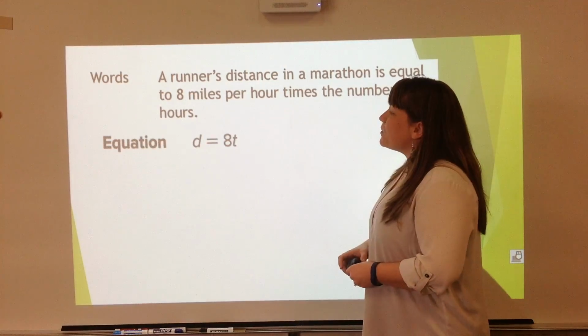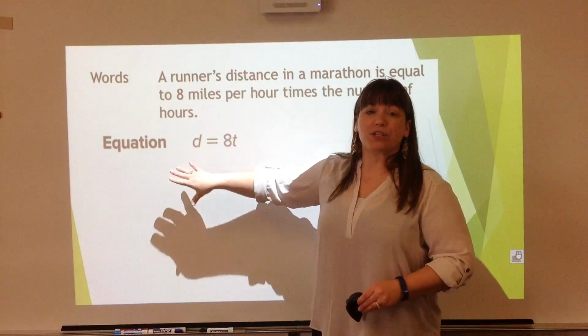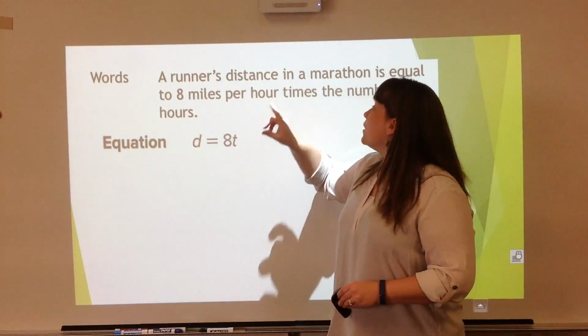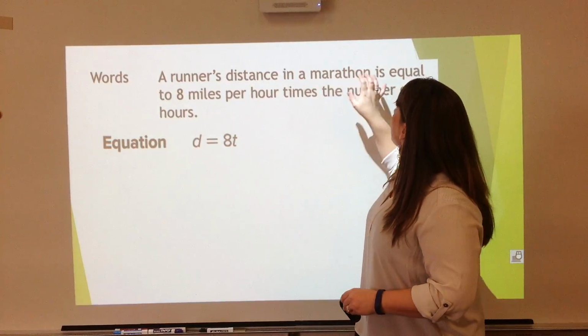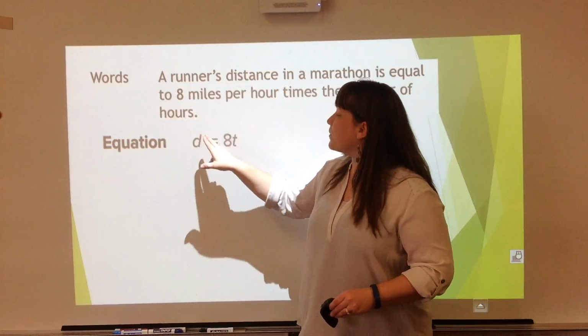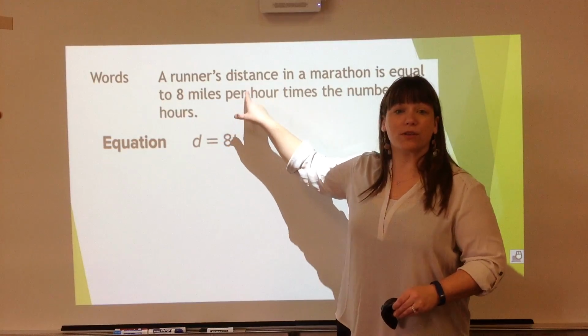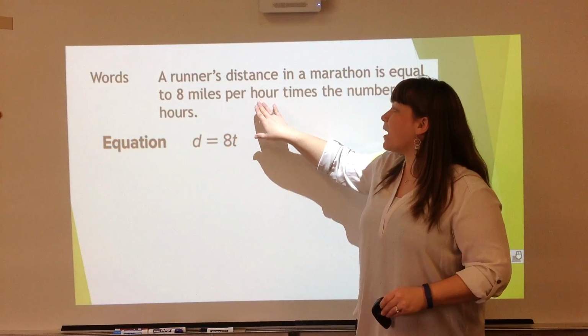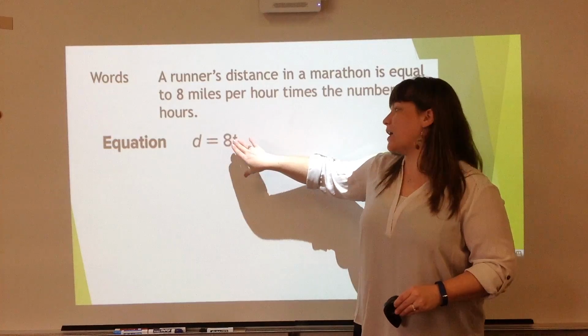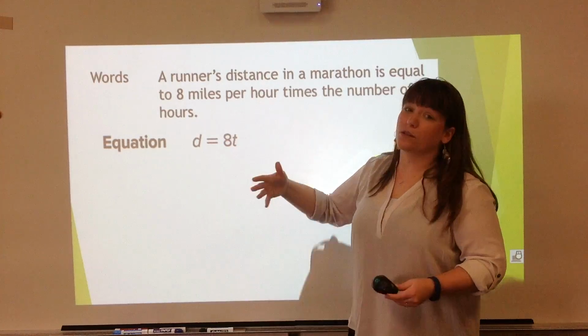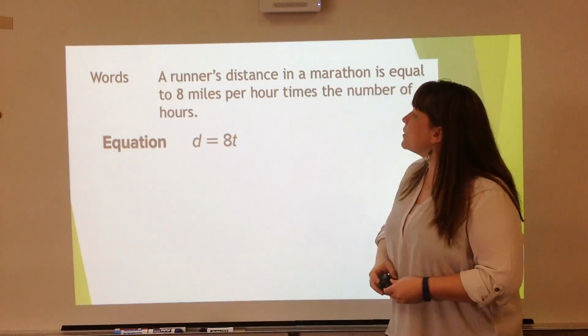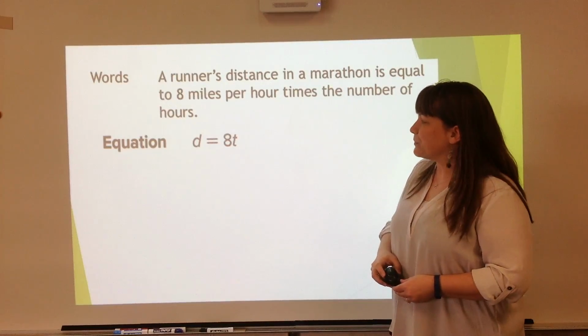If we wanted to describe this situation in an equation, it would be the distance d is equal to, that would be the equal sign, 8 miles per hour. So the per, you can circle that, and the hour is multiplying by that. T could stand for time in this case, as far as the variables are concerned.